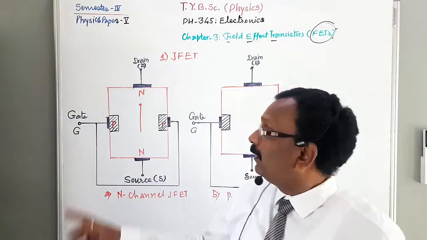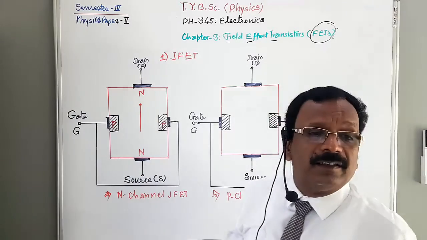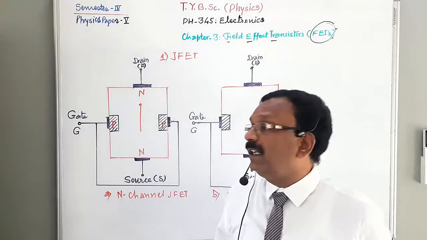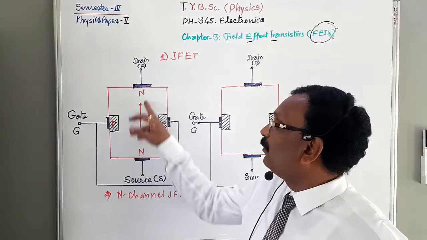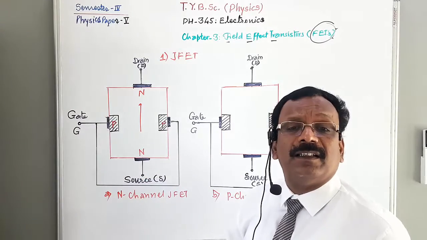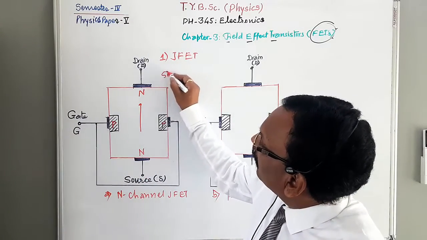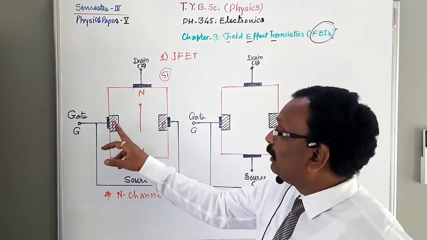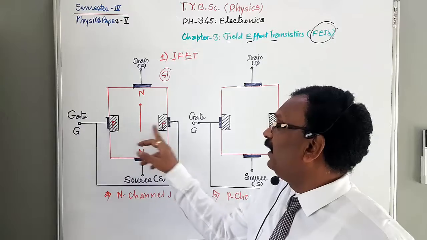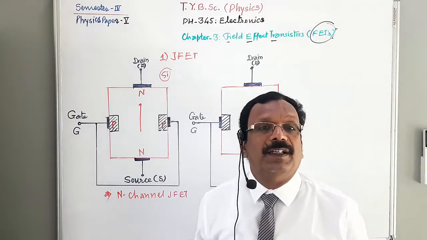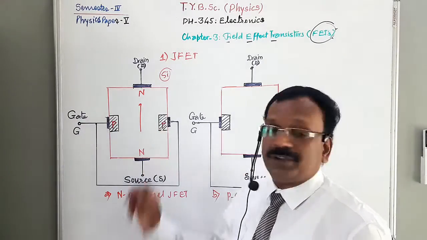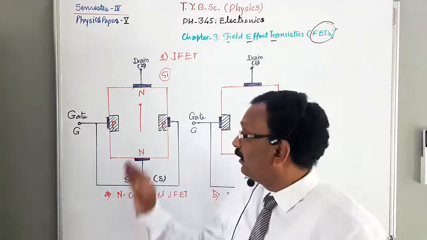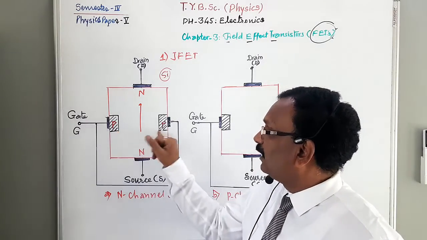What I say? The N channel JFET consists of N type semiconductor, that is silicon bar, with two P type heavily doped regions diffused. One is diffused here and another is diffused here.